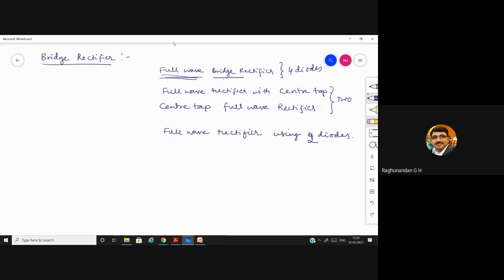Suppose they just say, explain the working of a full wave rectifier, then the choice is yours because they are not mentioning which one. So you can write either the full wave rectifier with center tap or the bridge rectifier. These are all the confusions you will have while writing the exam. So don't get confused. Have some clarity.